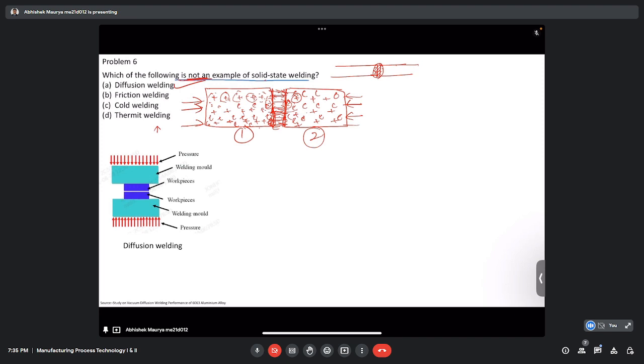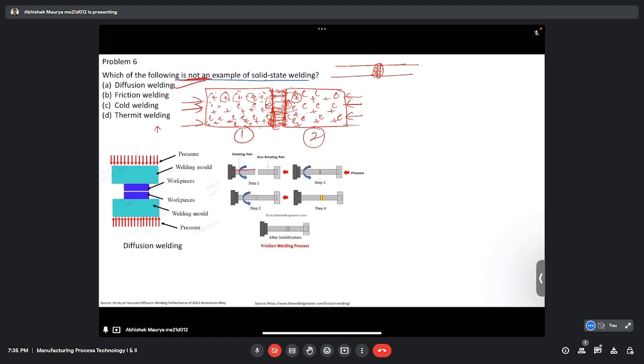And the next process is friction welding. In friction welding, we have two parts here and we want to join them.